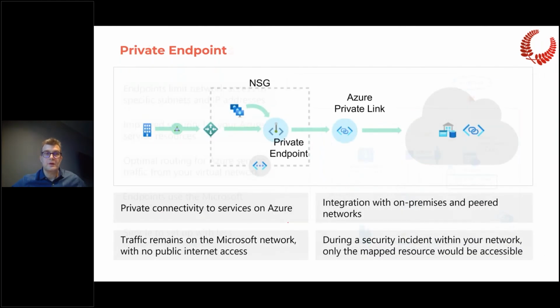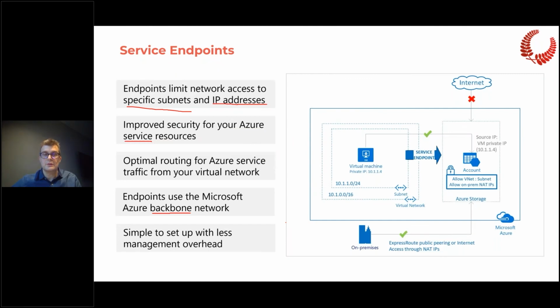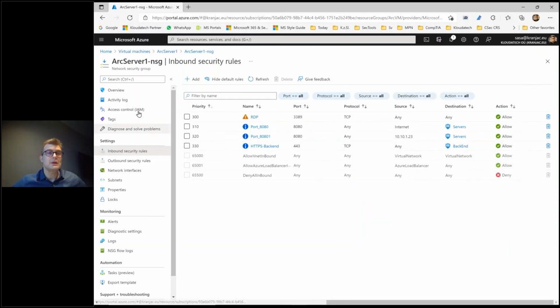These service endpoints give us the possibility to additionally secure access from, in this case, a virtual machine to the storage account, or we can use any of the others that are available, like Key Vault, databases and so on. But let's take a look at this one.